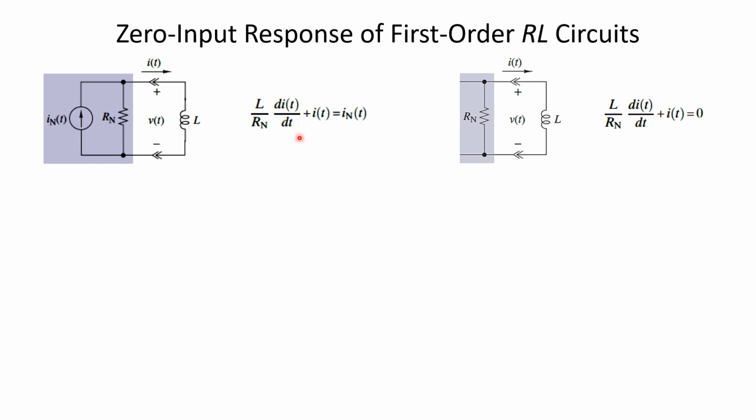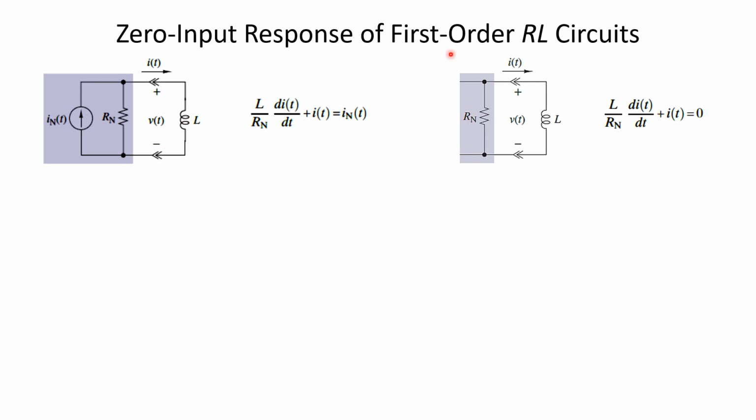Now in the previous slide, you have seen that this is the differential equation, and when the excitation is zero, we remove the current source and leave the circuit open like this. This is open, no current is flowing toward or from this node.